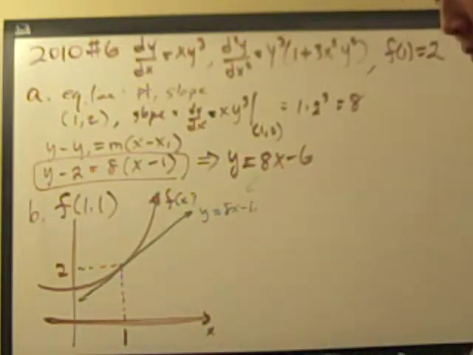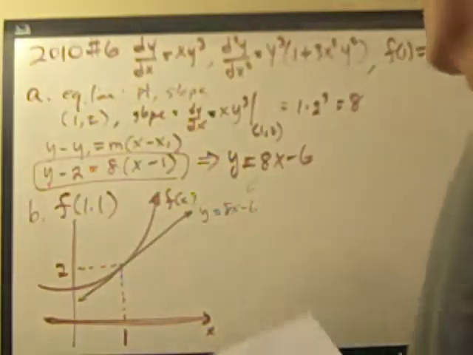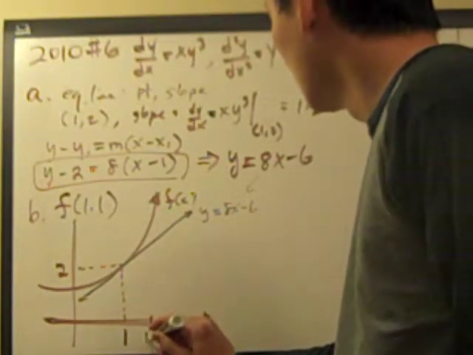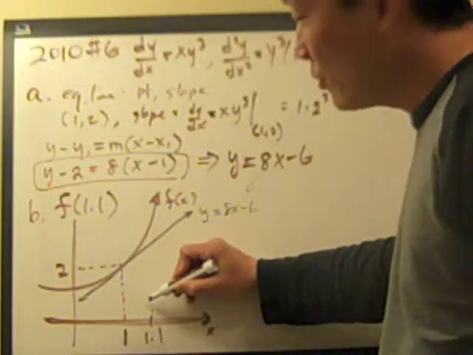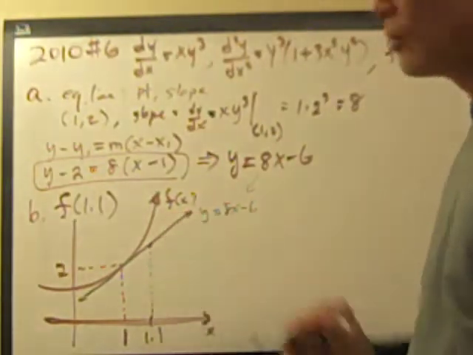Now, we want to approximate f of 1.1, and we are asked to use this tangent line to approximate this.